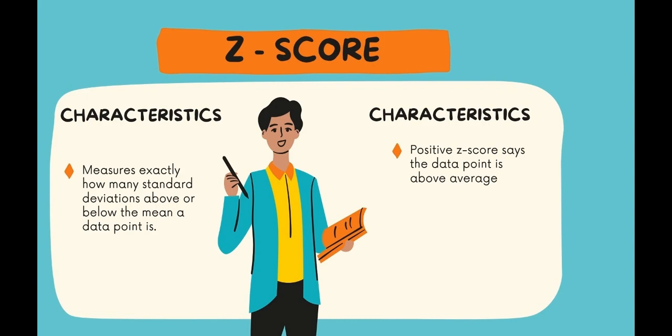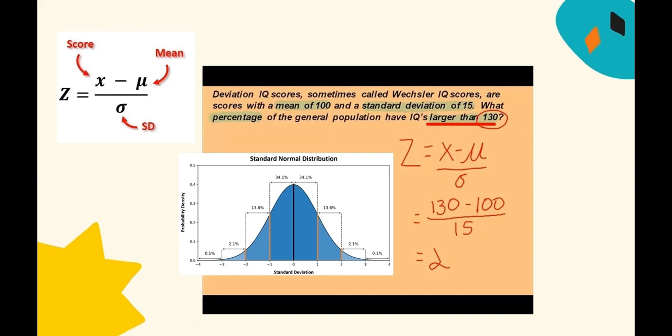A positive z-score says the data point is above average, and a negative z-score says that the data point is below average. A z-score is always negative when the raw score is smaller than the mean. Thus, a z-score is seldom used directly in test norms, but is transformed into a standard score system that uses only positive numbers.